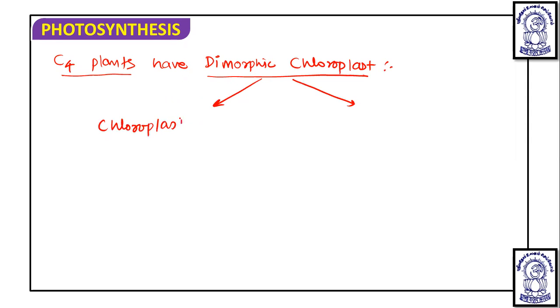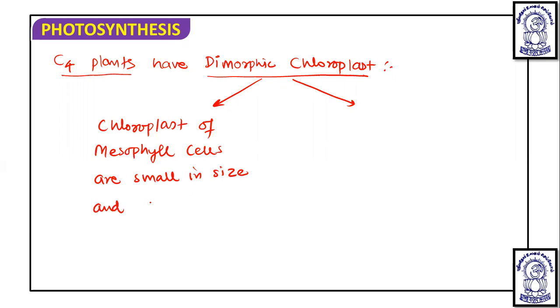The chloroplast of mesophyll cells are small in size and granal. Granal means with grana, means thylakoids are arranged in the form of granum.